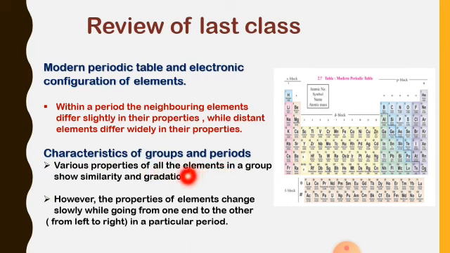The characteristics of groups and periods in the periodic table are understood by comparison of the properties of different elements. When we compare the properties of elements, then we will know the characteristics of groups and periods. The various properties of all the elements in a group show similarity and gradation.